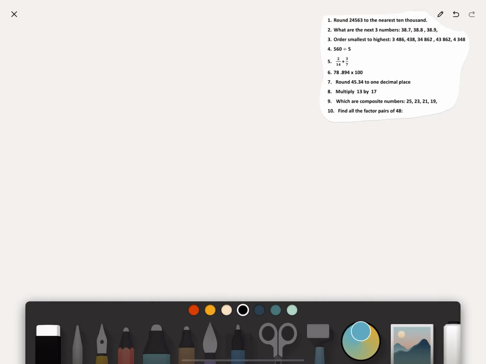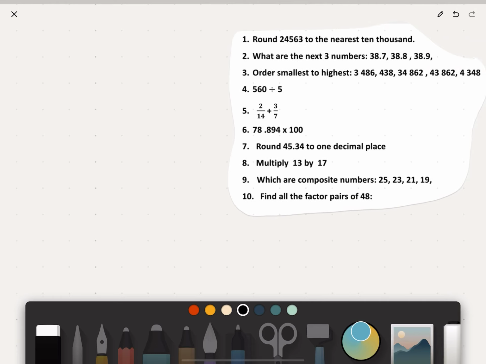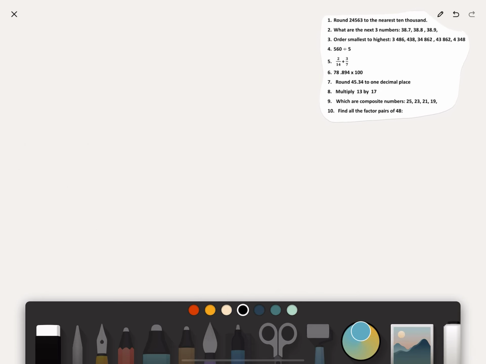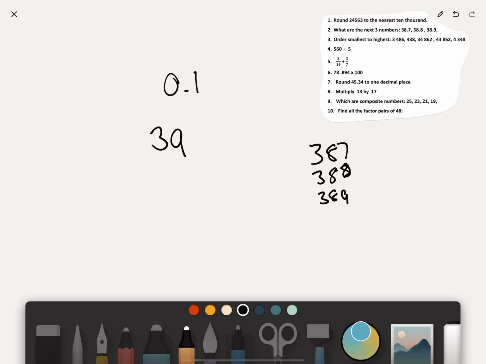Okay. Next, three numbers, 38.7, 38.8, 38.9. Ooh, so it's going up in 0.1s, or tenths. So 38.9 add a tenth would be 39. Sometimes I find it easier to imagine the decimal point isn't there. So you've got 387, 388, 389, and it's going up in ones.